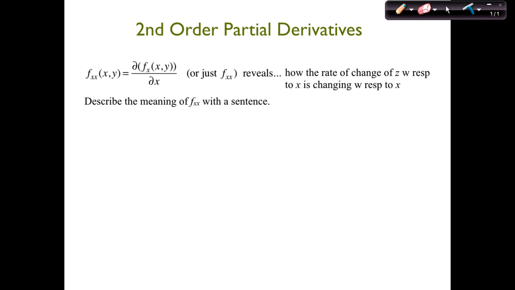We practice anyway, so did we retain it over the weekend? What is the rate of change? Okay. Nick thinks he has it. Samuel. Given a small change in the partial derivative of x, z changes by fxx as much.